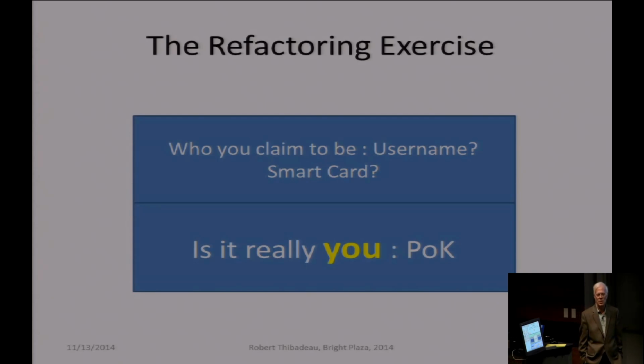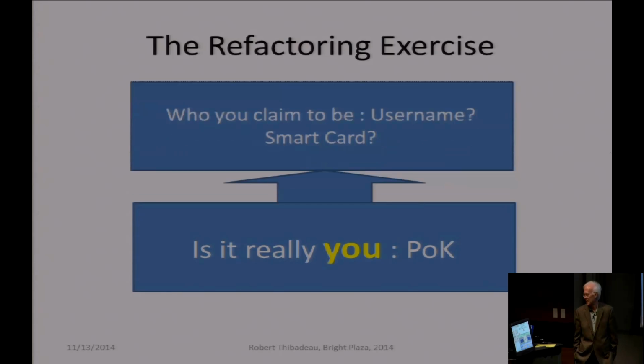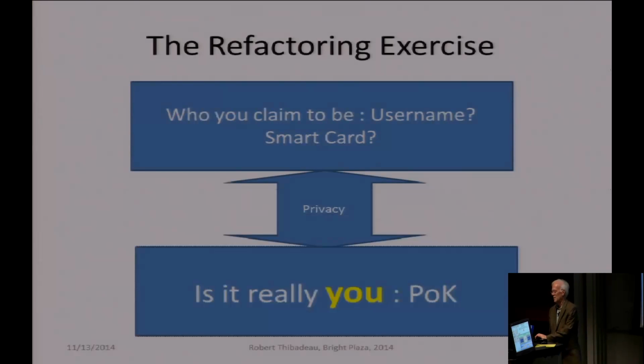You say to somebody, I'm studying proofs of knowledge, and immediately they say, you must be studying logging in. And I go, no, that's a username and a password. I am not studying the username. In fact, I want to split these things apart. I want to completely refactor the problem and put absolute privacy between the username, the knowledge of who you are, and the proofs of knowledge that you show. And see what comes out of that.